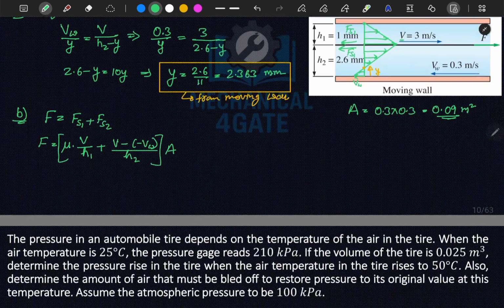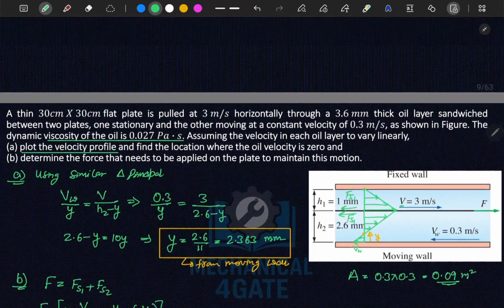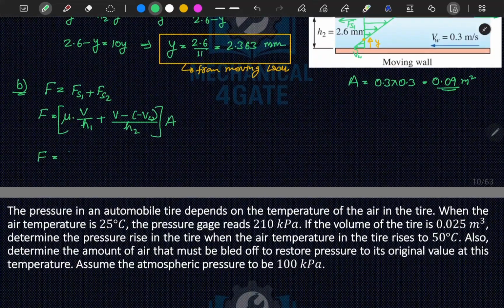Now if I substitute the values here, you will obtain F is equal to mu times A, taking A common. Mu is 0.027, A is 0.09, times V, which is 3, divided by H1.